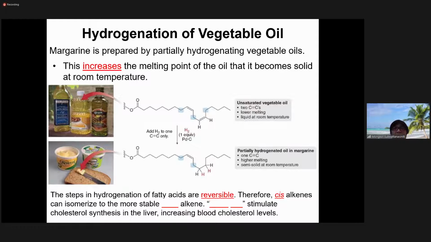And this process usually gets some competitive reaction as well, as you can see from the mechanism here.